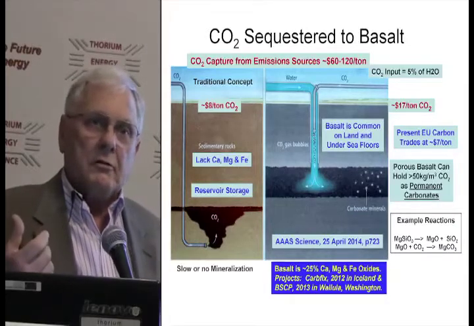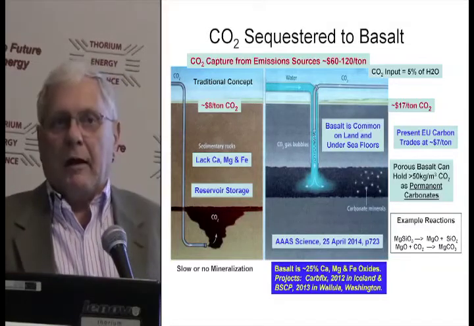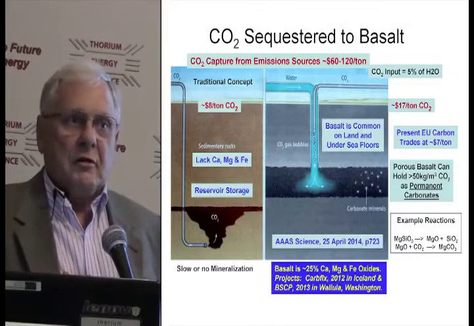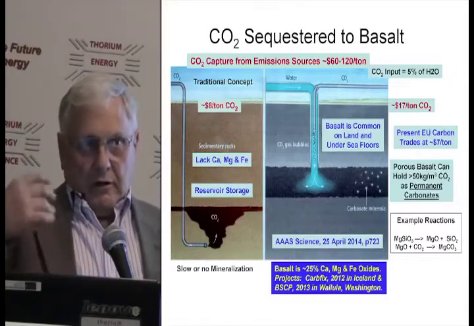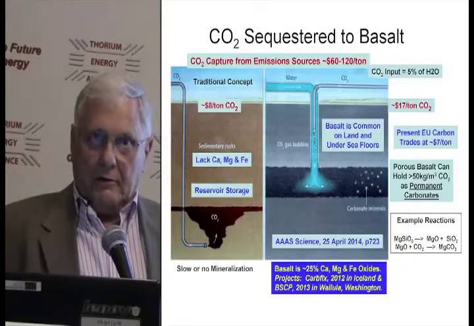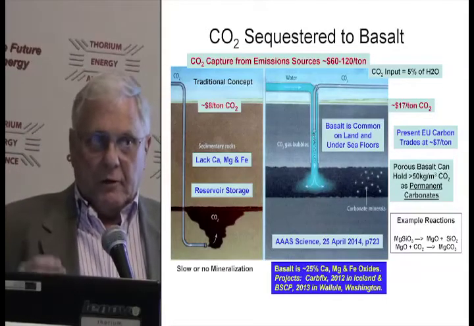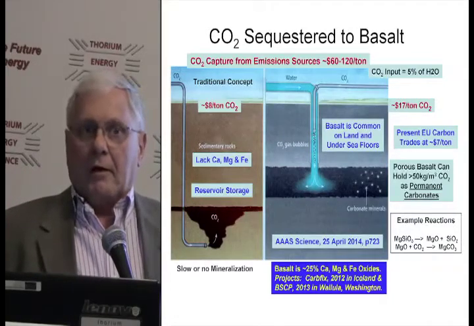So that basalt now is CO2 poor and would like to have some CO2 back. So what they're researching in Iceland and in Washington State is taking CO2 and a little water, pumping it down into porous basalt formations, and bingo, it's back to being carbonate rock.